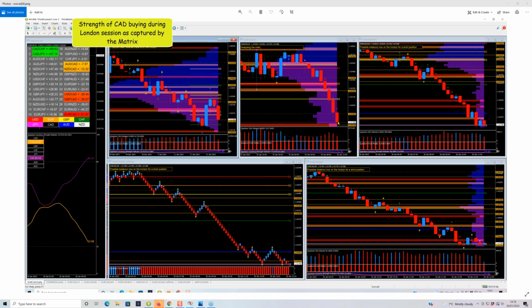But there is another way of doing it, and that is to look at what is ahead, what is pointing ahead.